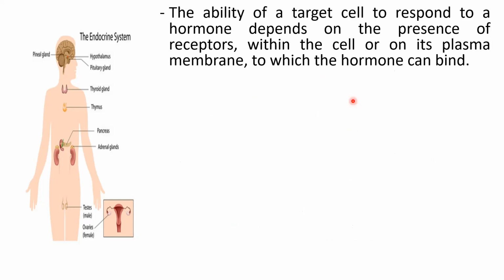Then, the ability of a target cell to respond to a hormone depends on the presence of receptors within the cell or on its plasma membrane to which the hormone can bind. So hormones secreted by different endocrine glands have the ability to target a particular cell or organ, which is activated by that particular hormone, and the response of this target cell depends on the presence of the receptors.